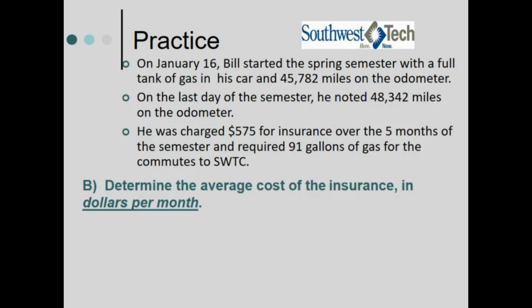Continuing on with this same problem, the next question asks us to determine the average cost of the insurance in dollars per month. This indicates what units will go where in our rate. So we have cost, which is dollars per month, identifying the information.